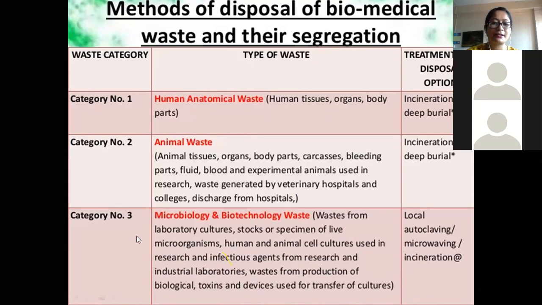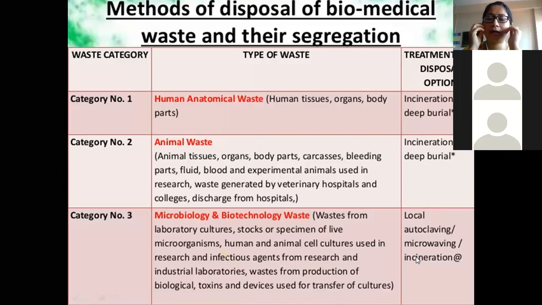The third category is microbiology or biotechnological waste. This is waste coming from laboratories: stocks, specimens of live microorganisms, human and animal cell cultures used in research, and infectious agents from research and industrial laboratories. This is handled by local autoclaving, microwaving, and incineration by deep burning.